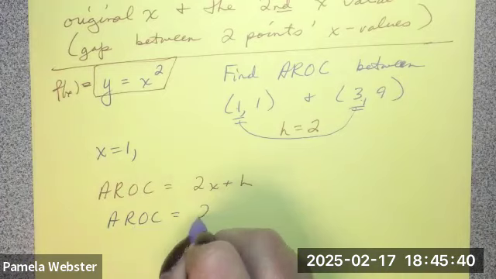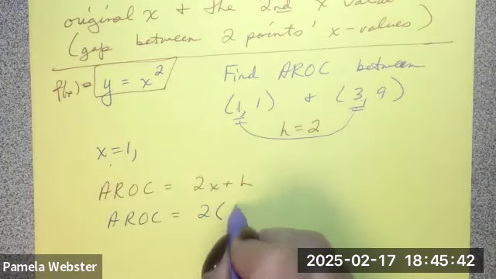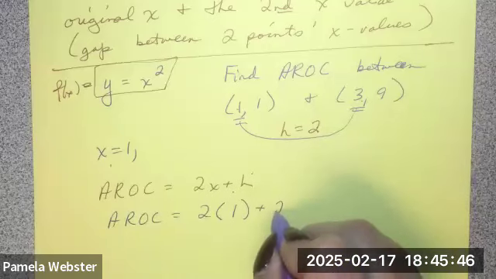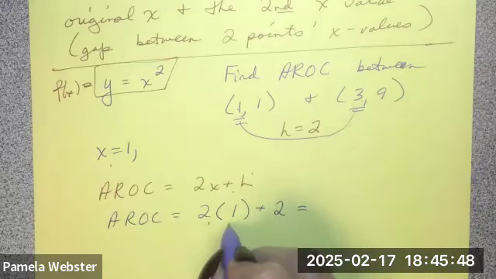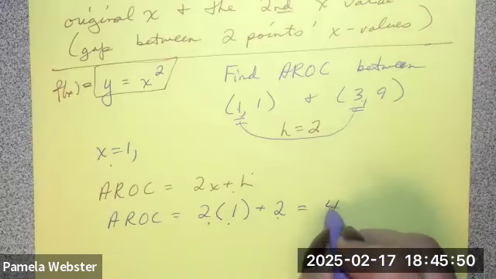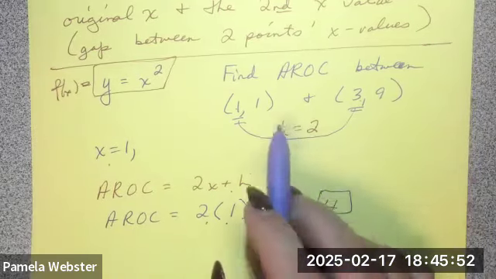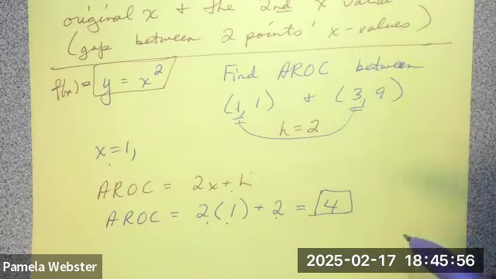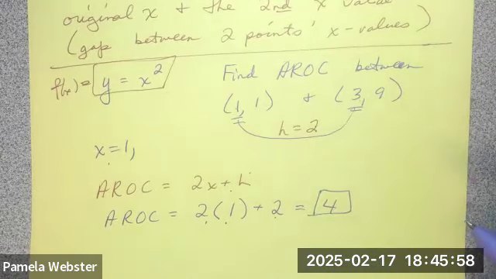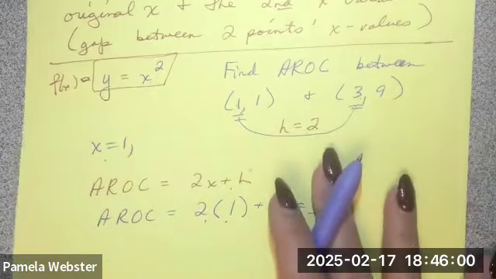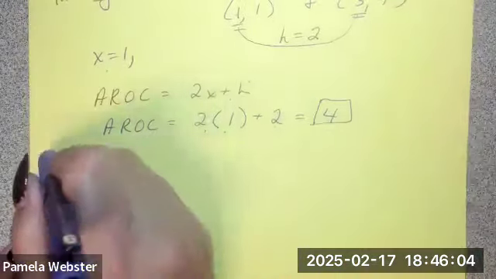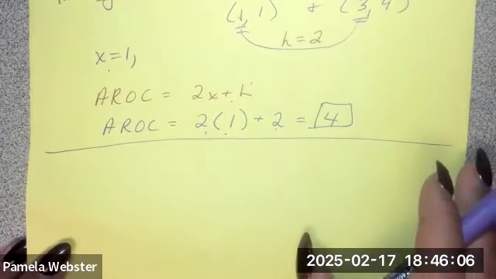The rate equals 2 times, we said let x equal 1, plus we said let h equal 2. This is 2 times 1, which is 2, plus 2. The average rate of change between (1, 1) and (3, 9) is 4. Oh, it changed again. There you go. And that's what happens. It depends on what x value I start with, and how far up I make the gap between them.